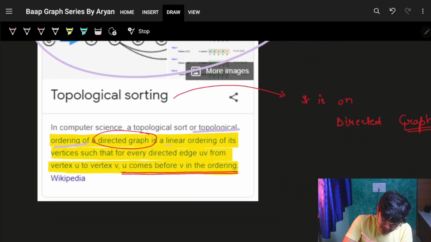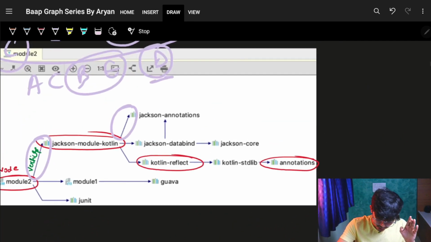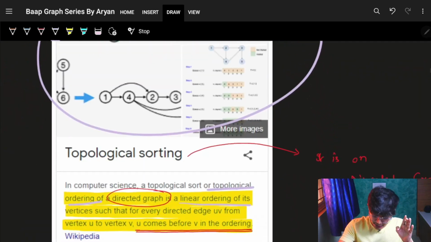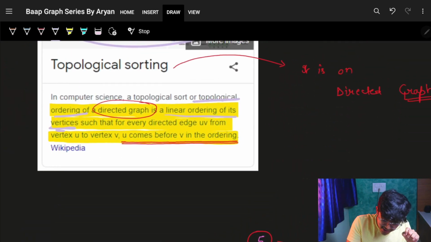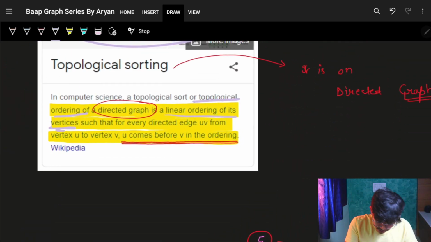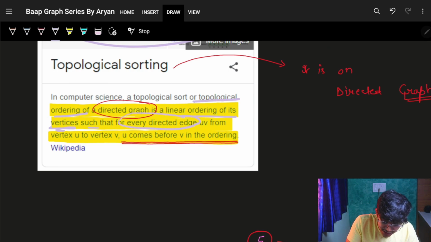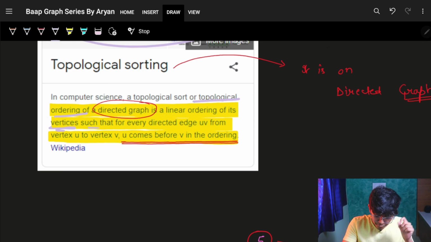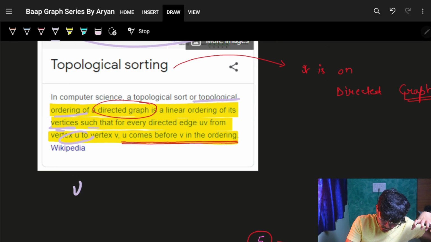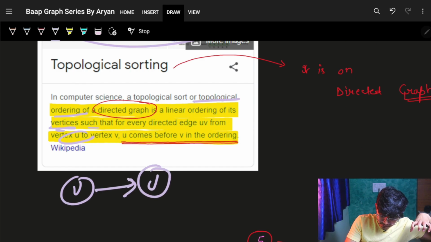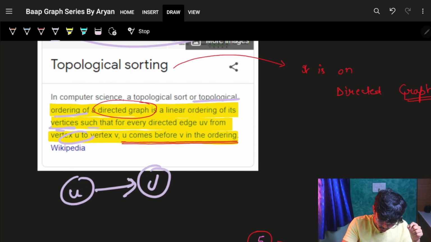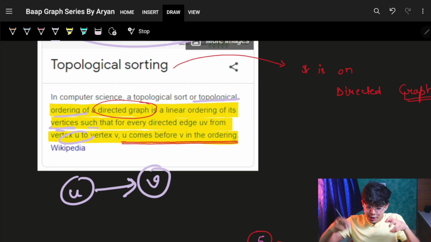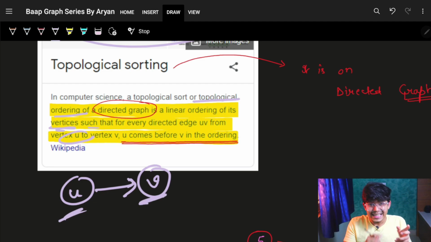It is a linear ordering, as you saw, I just made a linear ordering. A linear ordering of its vertices. Vertices are nothing but nodes, such that for every directed edge UV from vertex U to vertex V, U comes before V in the ordering.